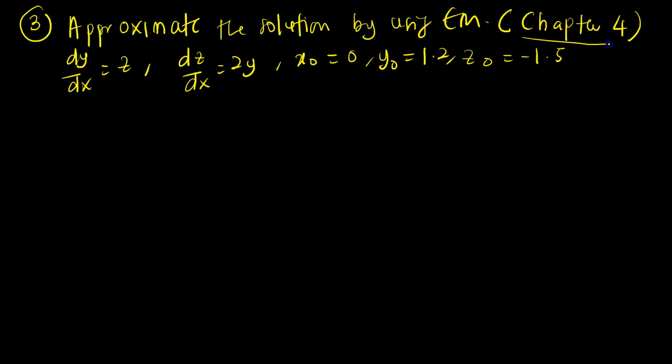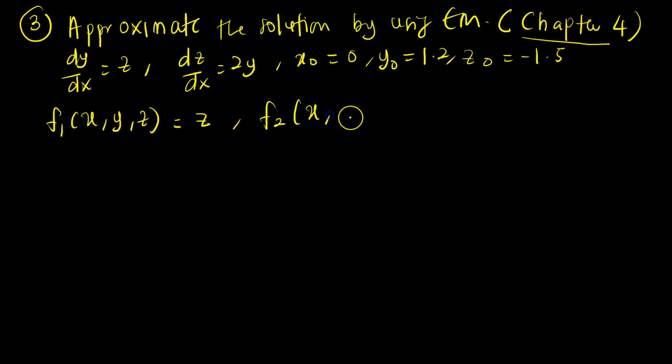The first step, using chapter 4, you need to let f1(x, y, z), which means function number 1. We have two equations here. This one is the first equation, but you see the unknowns here are x, y, and z. This one is equal to z.